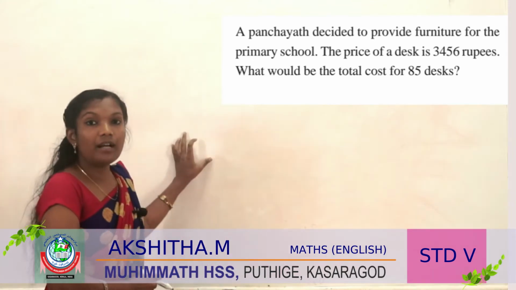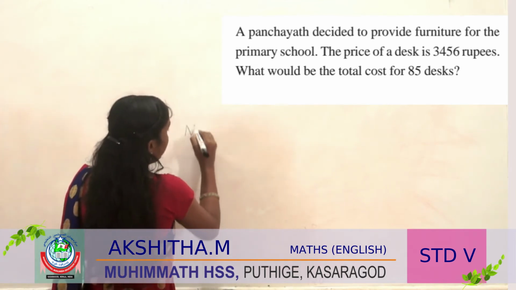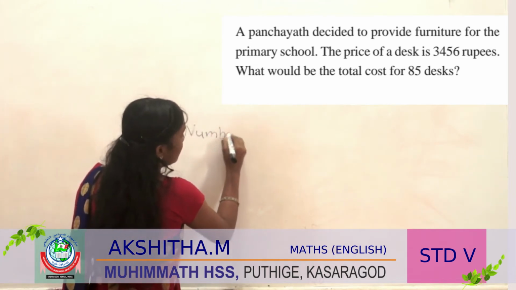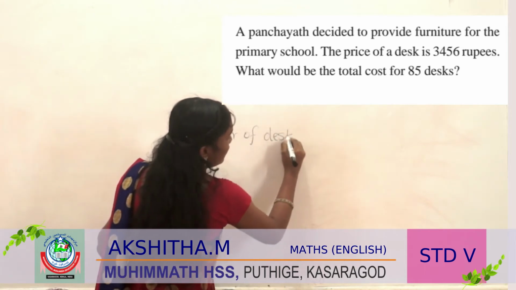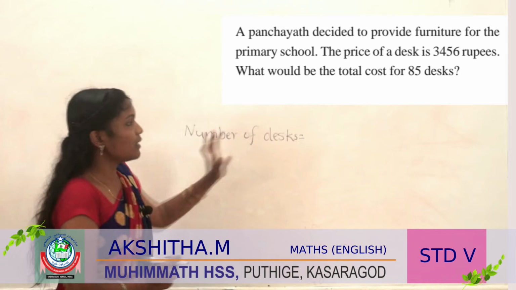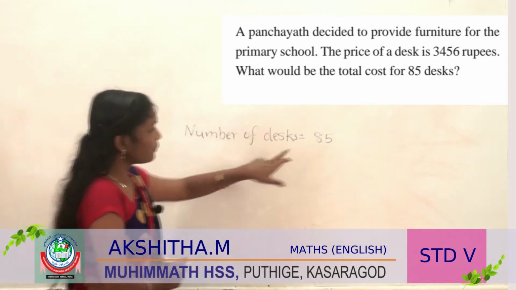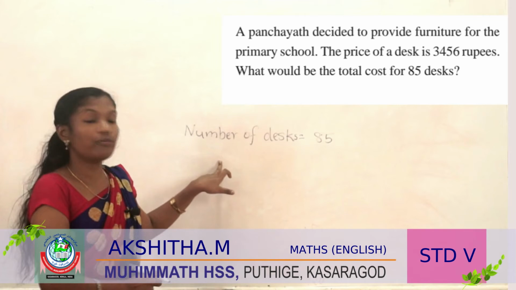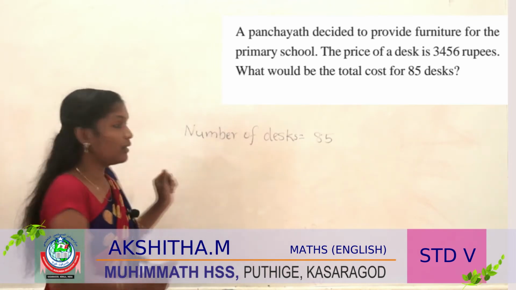First we have to write the number of desks. What is the number of desks? Number of desks is 85. So what is the price of a desk? What is the price for one desk?